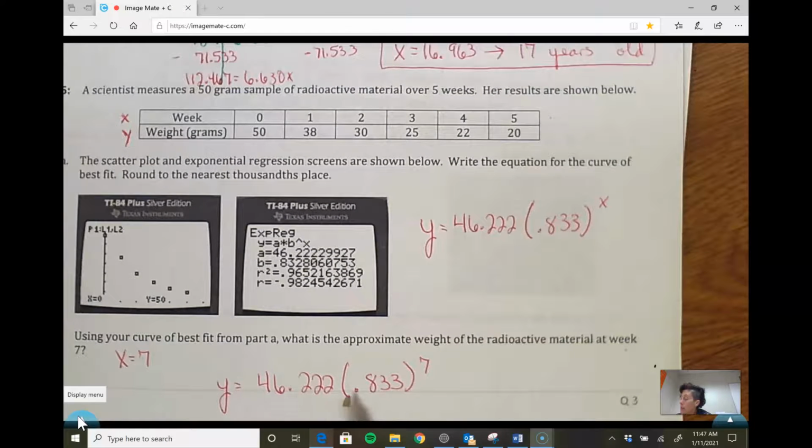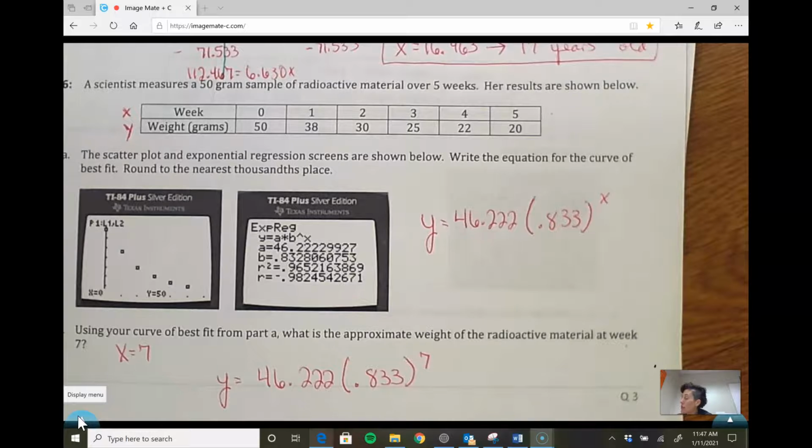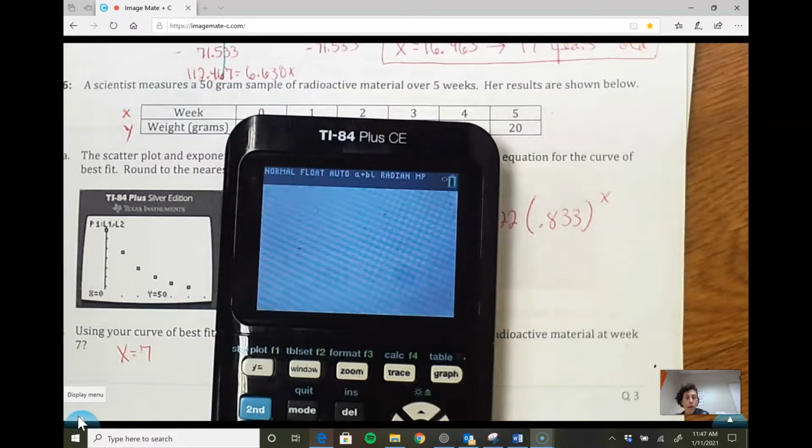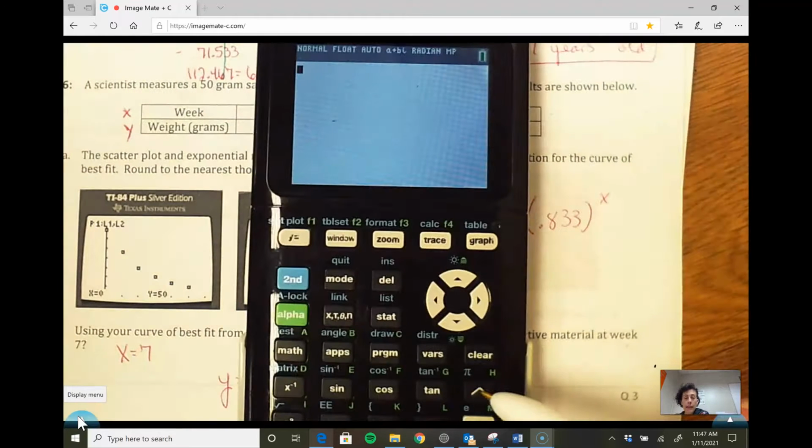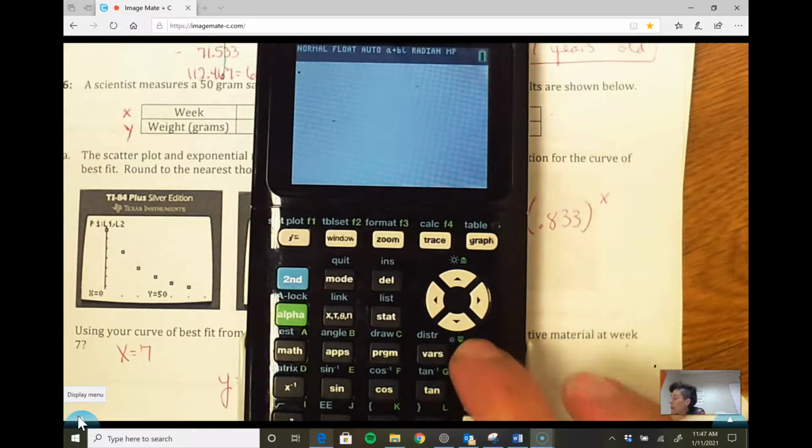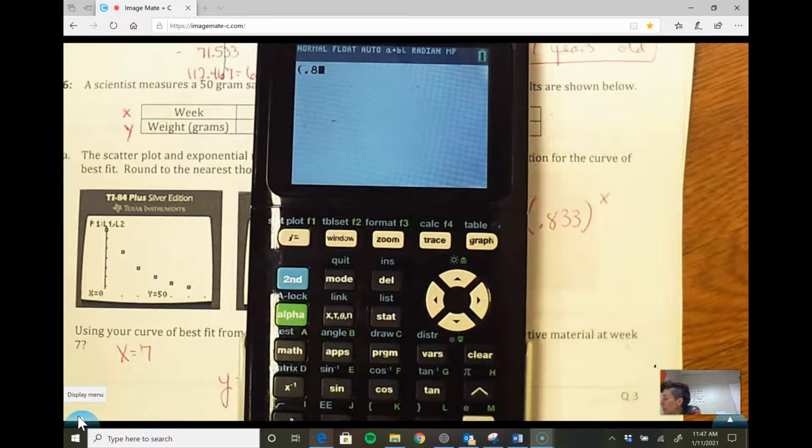So this is multiplying to this, which has an exponent. And so I should do the exponent first. So I need to take 0.833 to the 7th power, which I'll show you. So your exponent button looks like this. So I type in, I'll put it in parentheses just like they do, 0.833, close those parentheses, hit that, and then I'll put in 7.